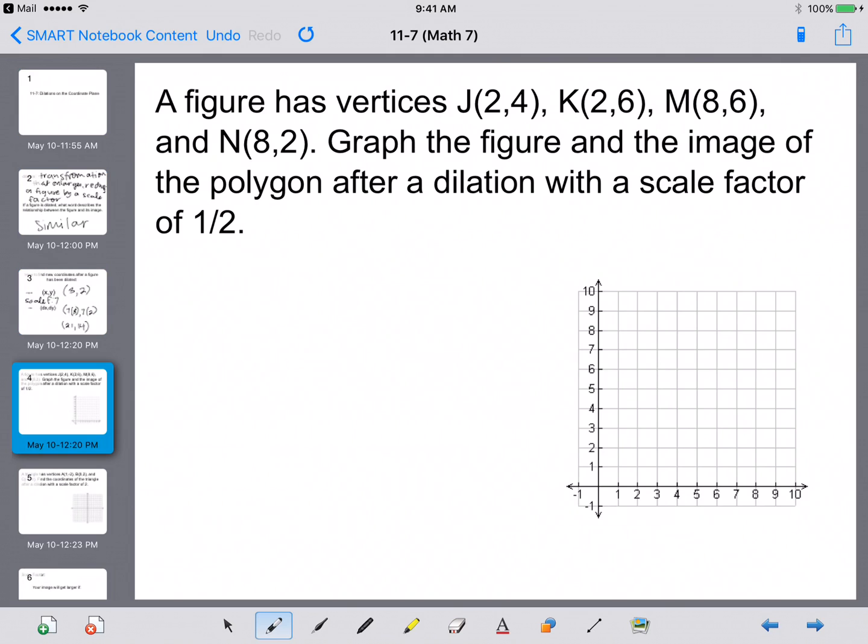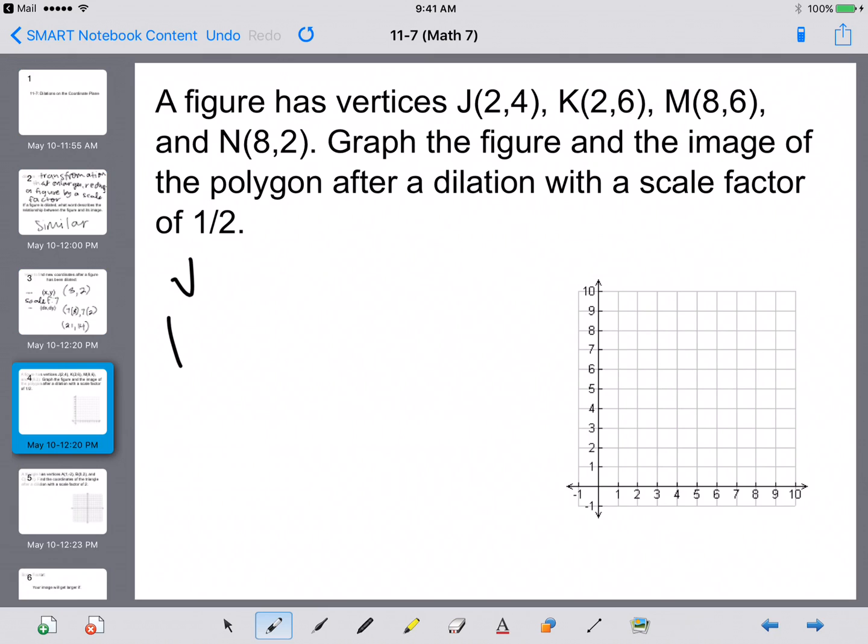So this example says a figure has vertices J, K, M, and N. We want to graph the figure and the image of the polygon after a dilation with a scale factor of 1/2. So if our scale factor is a fraction that is smaller than 1, do you think we're going to get bigger or smaller? Just something to think about.